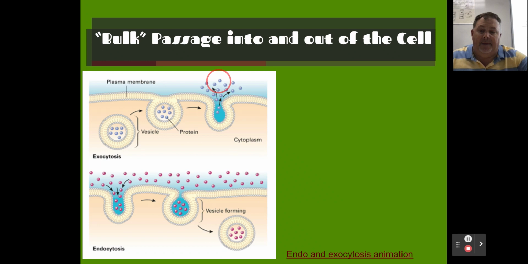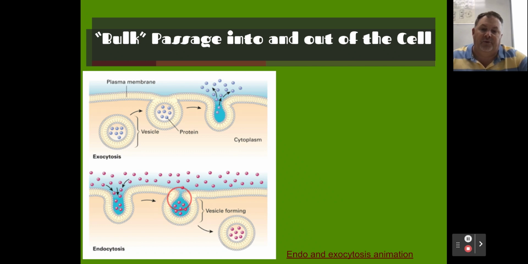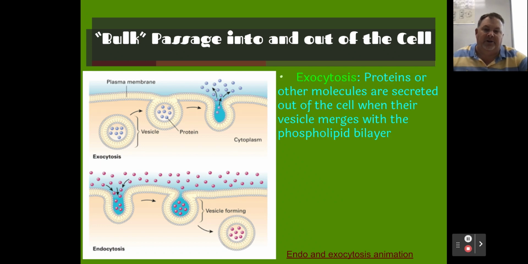The opposite happens in endocytosis. In endocytosis, you have these molecules that are going into the cell or being surrounded by the cell. And again, in the next set of arrows, you can see that the cell membrane is closing around it, forming this small little package. It's almost like a Ziploc bag filled with the contents. In this case, maybe it's going to consume it at a later time.